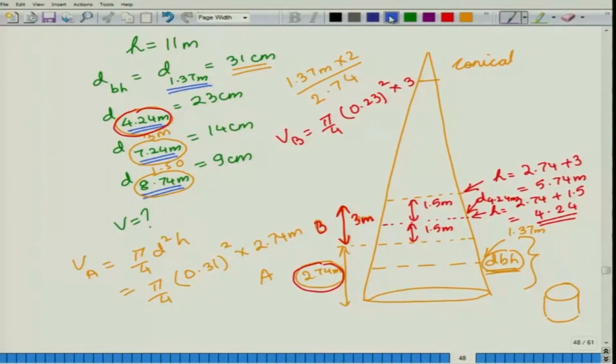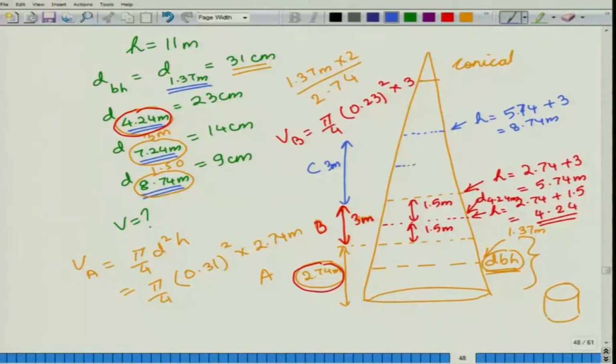Now, let us consider another section, called section C. This section would again have a length of 3 meters. So, what is the height at this point? This point would be this height 5.74 plus 3 is equal to 8.74 meters.